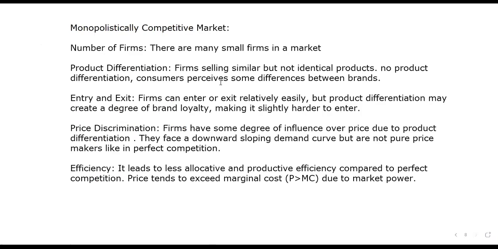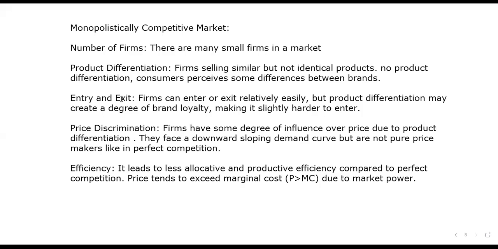There's product differentiation, firms selling similar but not identical commodities. So there's no product differentiation. Which market are we looking at? This is a monopolistic. So the firms have what? Differentiated goods.